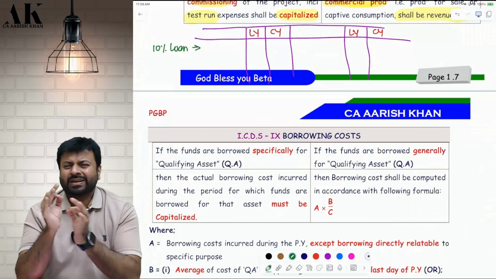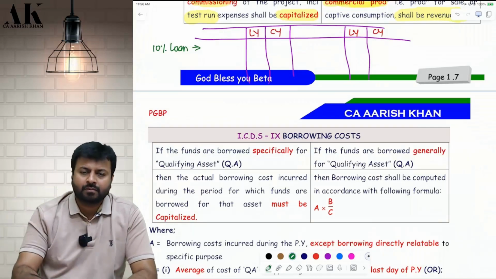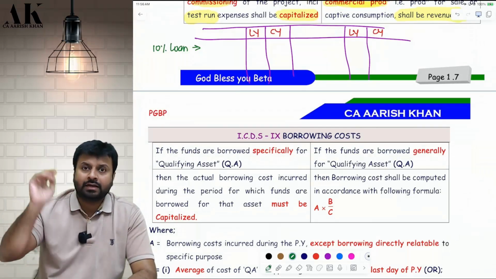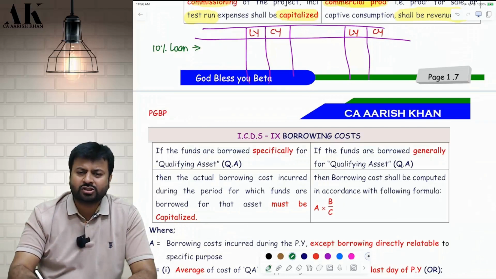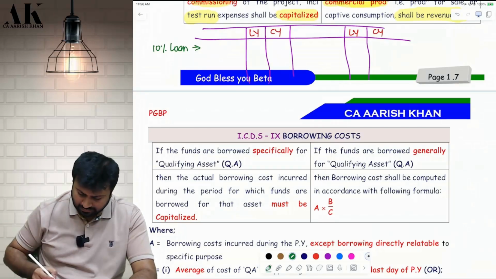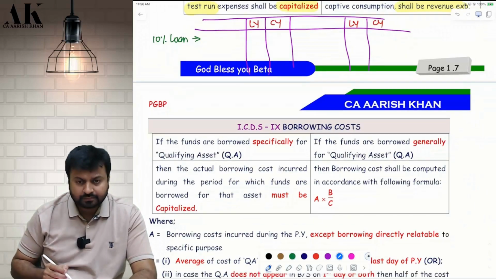So if the loan is specifically for qualifying asset, then close your eyes and capitalize it. Yes or no? Don't have to think much. So that's what law also says.